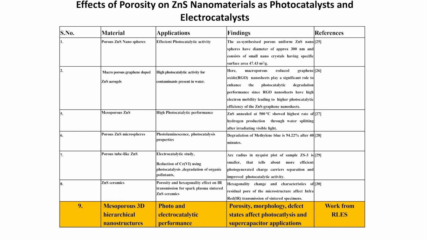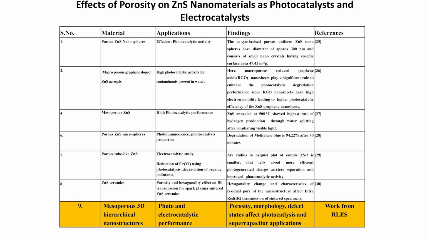Porous ZnS microspheres, photoluminescence, photocatalysis properties and the degradation of methylene blue is 94.22% after 40 minutes of the photodegradation. And the porous tube like ZnS applications are electrocatalytic study, reduction of chromium using photocatalysis, degradation of organic pollutants.